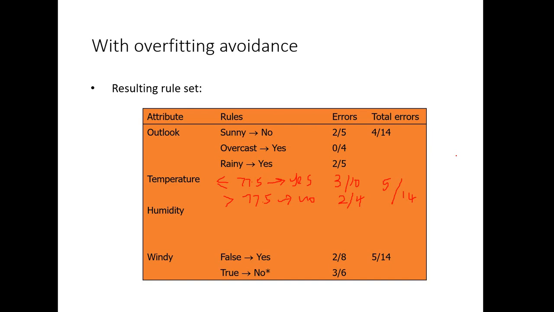The table is the same as the previous table. Outlook and windy are the same, no changes. But the temperature, we had numerical values. Humidity also we have numerical values.